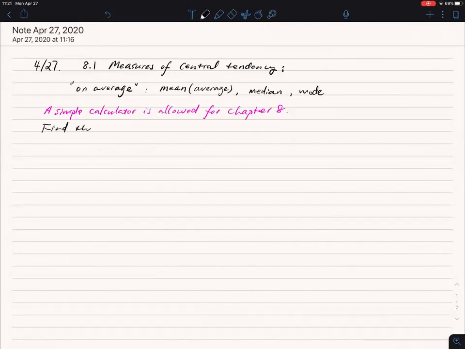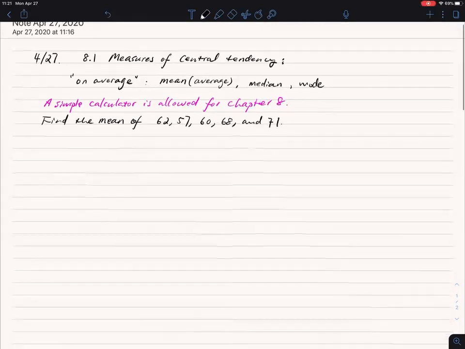Okay, so first, let's find the mean. Find the mean of this data set: 62, 57, 60, 68, and 71. So how do we find the mean of this?